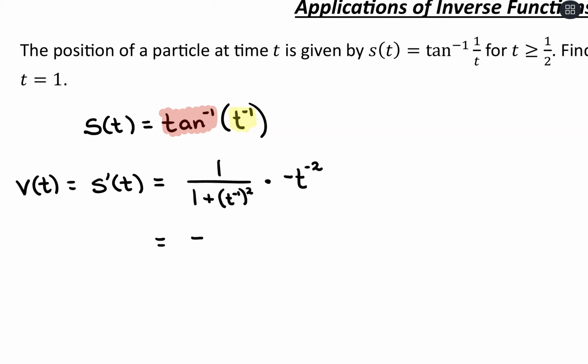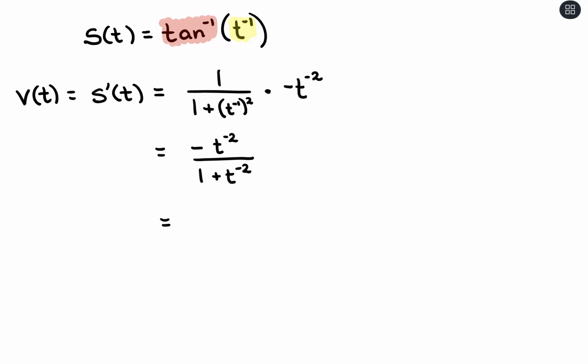So this will be, let's do a few steps here, negative t to the negative 2 over 1 plus t to the negative 2, which will be a negative 1 over t squared is going to move down here and multiply with a 1 plus t to the negative 2. And that's going to give us negative 1 over t squared plus t to the 0, which is just 1.